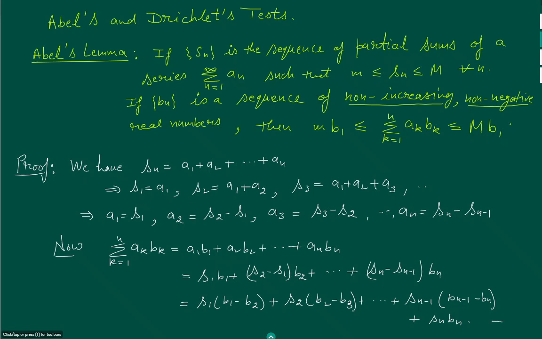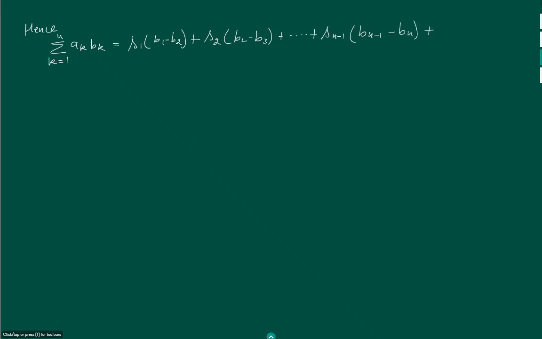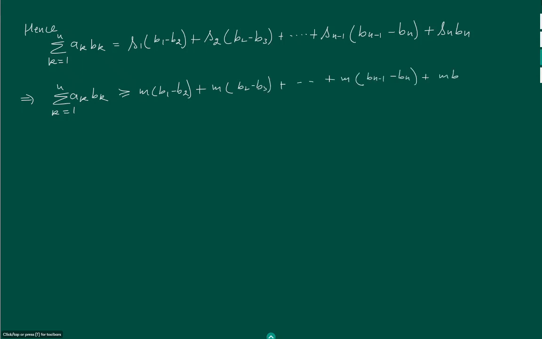Let's call it 1. Now what we have got is summation AkBk is S1 into B1 minus B2 plus S2 into B2 minus B3 plus Sn minus 1 into Bn minus 1 minus Bn plus Sn Bn. This implies this summation AkBk, k varies from 1 to n, is greater than or equal to m into B1 minus B2 plus m into B2 minus B3 plus m into Bn minus 1 minus Bn plus m into Bn.